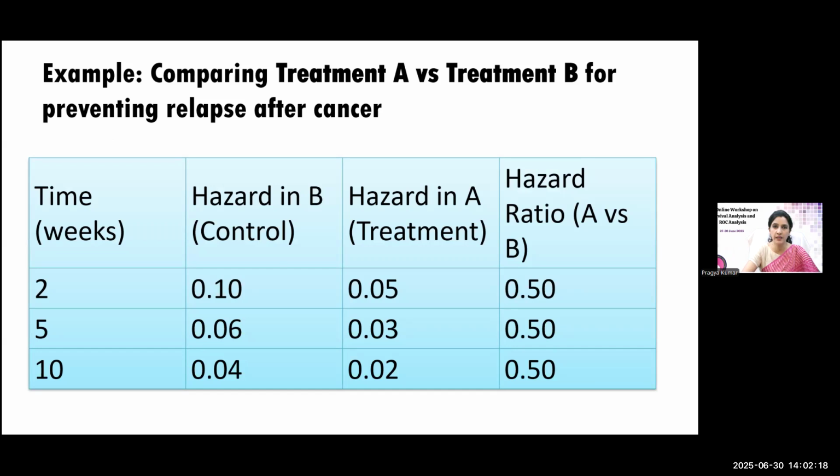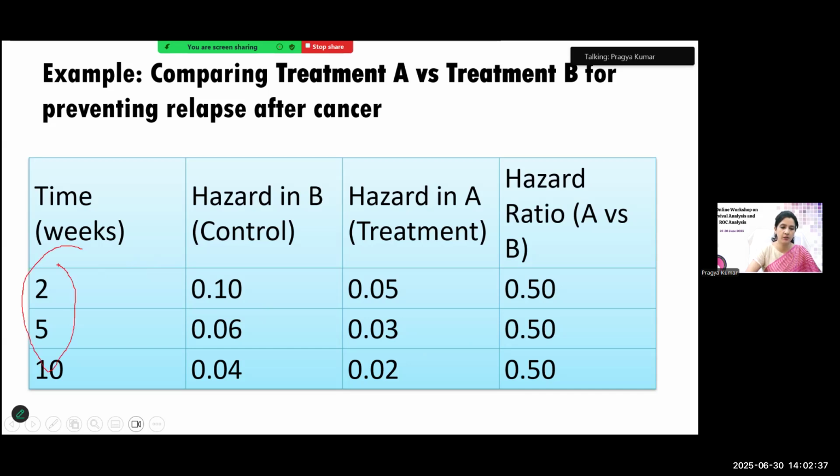So this is one example. Suppose we are comparing treatment A and treatment B, and the outcome or failure is relapse. The first column is the time, which is the independent variable, and this is the hazard at 2 weeks, 5 weeks and 10 weeks. Group B is the control group and A is the treatment group.